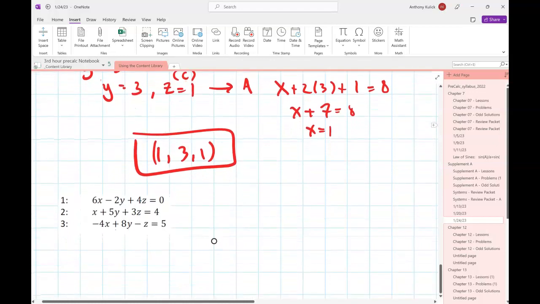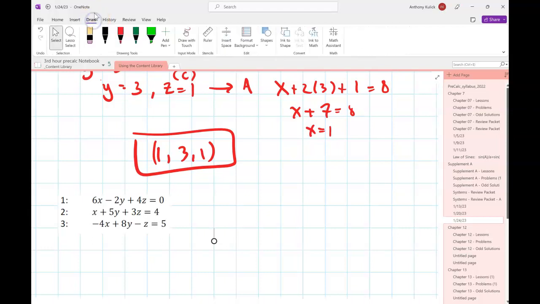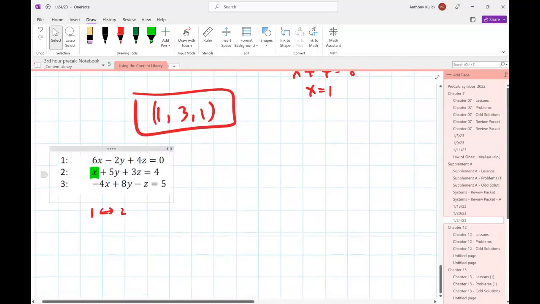So to put this into triangular form, the first thing I want to do is get the coefficient for x in my first equation equal to 1. Well, I notice this x in the second equation is already equal to 1. So I'm just going to swap equations 1 and 2.